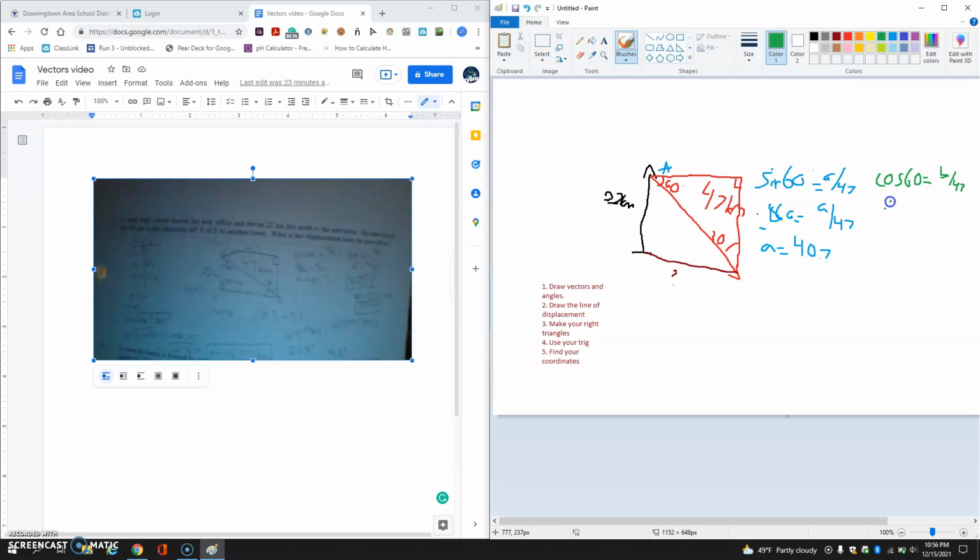And it's kind of easy because the cosine of 60 is 0.5, or like 1/2 basically. So then you get 0.5 equals B over 47. And then you get 23.5.